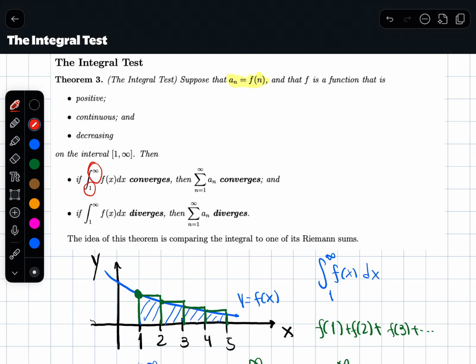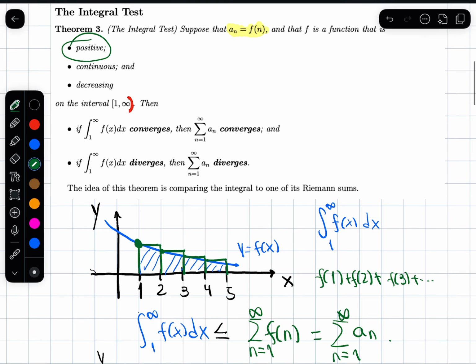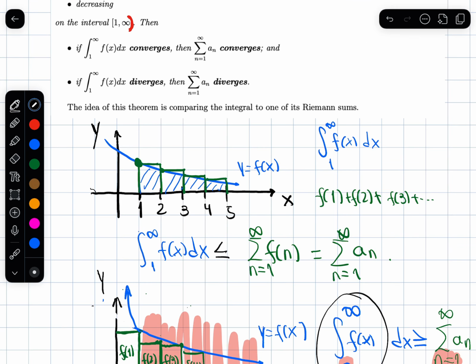The sketches that I included now are only for you to understand the idea. Also, there's a mistake here. This is supposed to be an open interval. And of course, for all of this reasoning to apply, your function, first of all, needs to be positive, because if you allow your function to go beneath the x-axis, then we cannot say anything about areas anymore, because the areas are going to be changing signs.